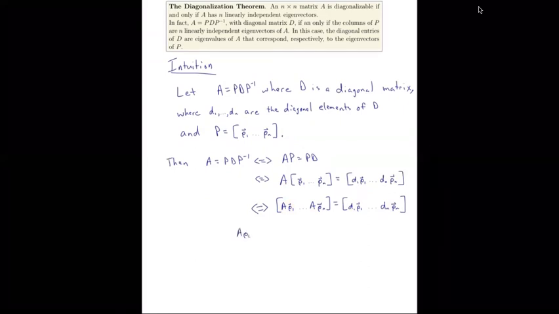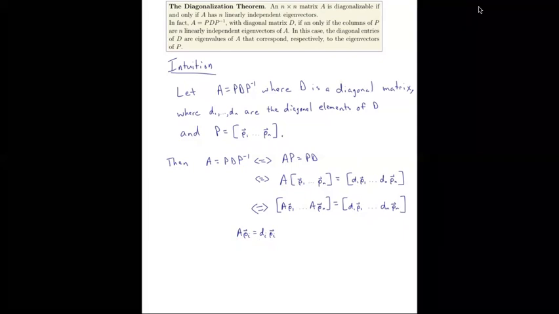A times any of the ith column will have Di Pi. This is a matrix A times a vector Pi equal to a scalar Di times the vector Pi. Well, that's exactly our eigenvalue statement.